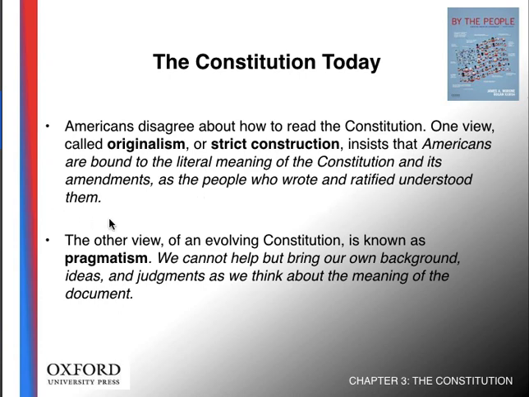So think about how the framers were thinking and what they meant, and we have to go literally by that. Pragmatism looks at the Constitution more as an evolving Constitution, and holds that we cannot help but bring our own background, ideas, and judgments that we feel and know today as we think about the meaning of this document.